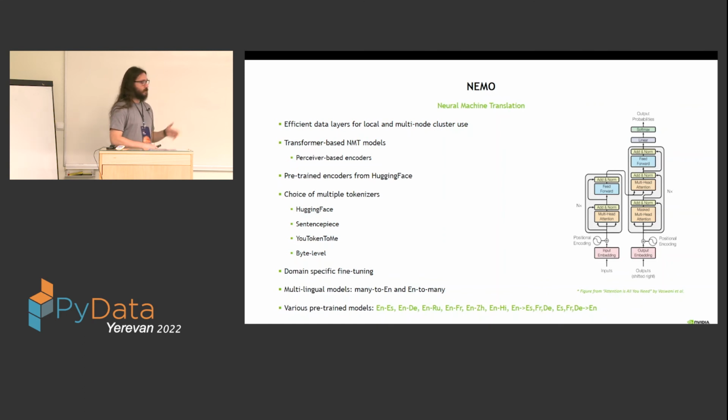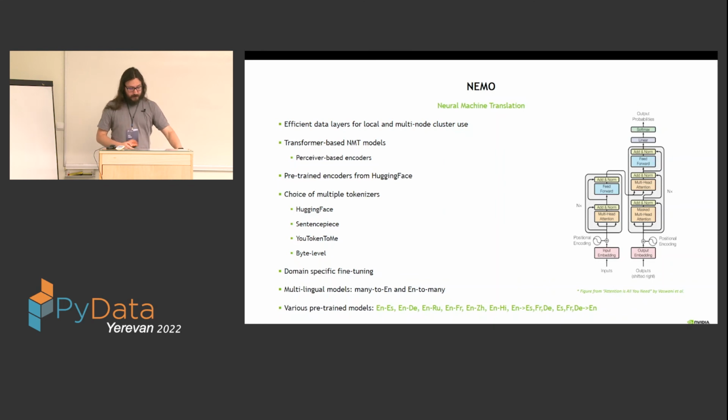You can use pre-trained encoders from Hugging Face in NeMo, not only upload your checkpoints to Hugging Face, but use some external ones inside of NeMo. You can choose from multiple tokenizers, like Hugging Face tokenizer, SentencePiece tokenizer, YouTokenToMe, or you can drop tokenizers altogether and use byte level encoding if you know what you're doing.